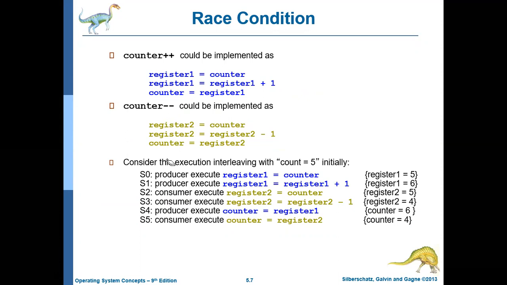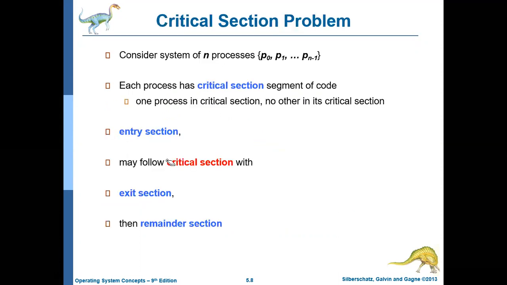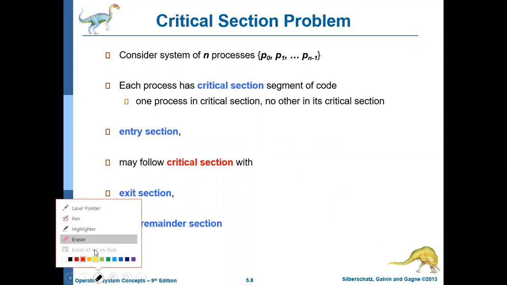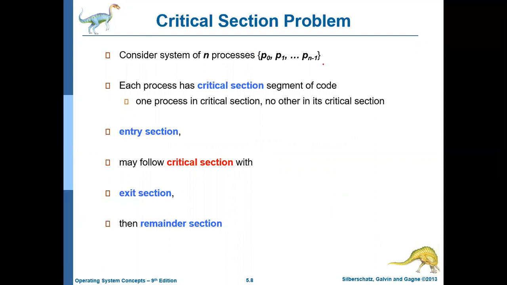First we'll be discussing the critical section. Consider a system of n processes, P0, P1, P2, P3 up to Pn minus 1.